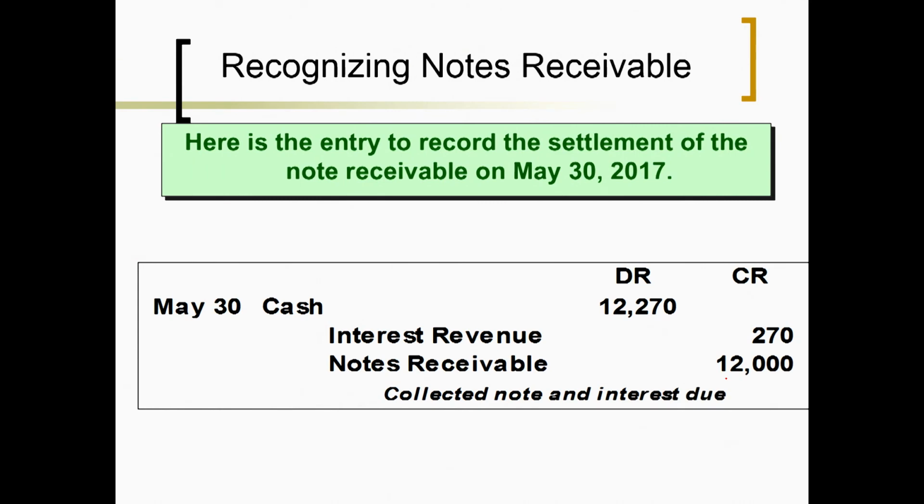So the journal entry is this. We don't just get cash of $12,000, but we get cash of $12,270. Now, $270 of that is the interest revenue that we earned. But then we also have to credit or decrease the note receivable that was on the books at $12,000. You with me? Questions on that?